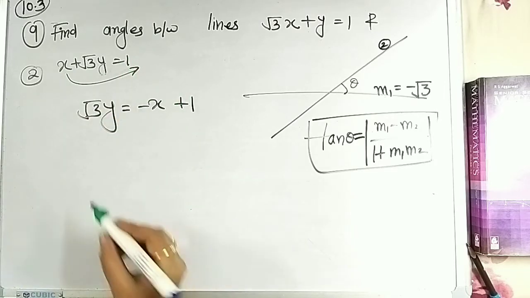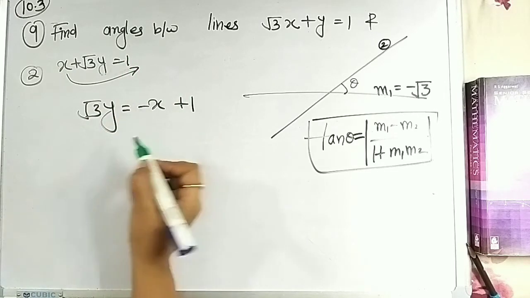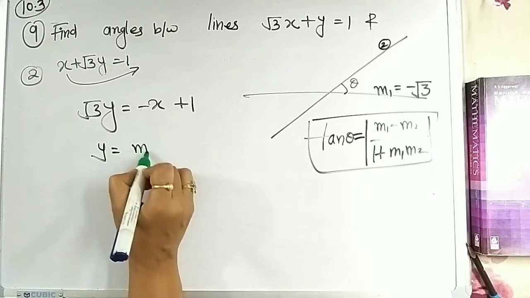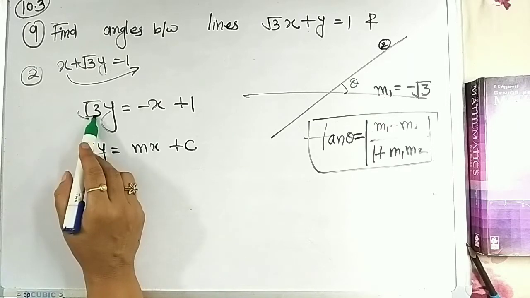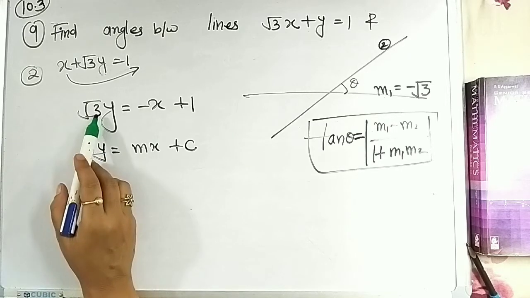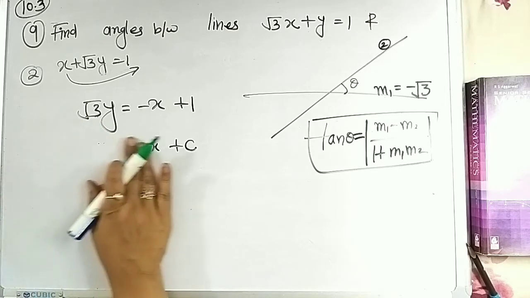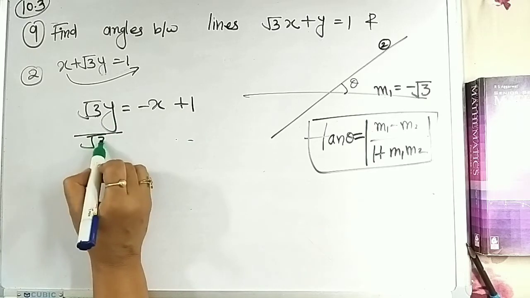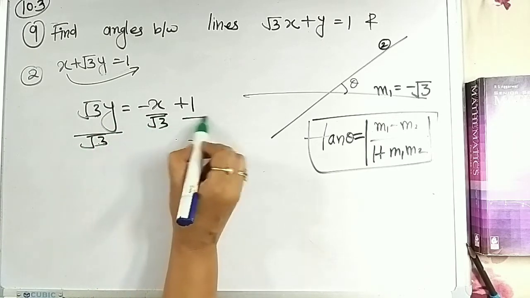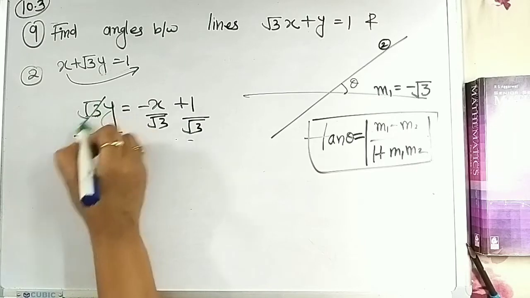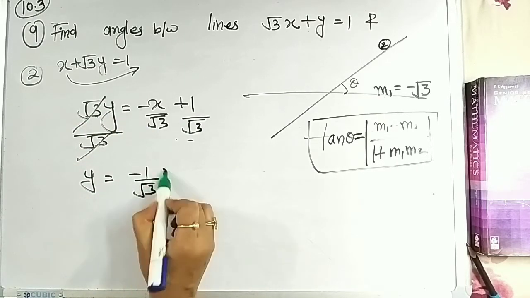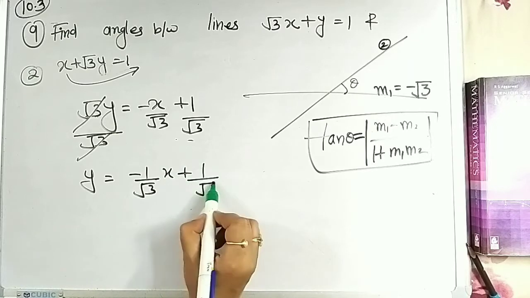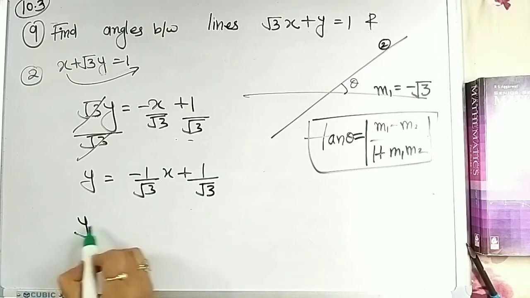I am trying to make it y is equal to mx plus c, so y should not have any coefficient. I should divide each and every term by root 3 so that this is gone. I am getting y is equal to minus 1 by root 3 x plus 1 by root 3. Now I am ready to compare it.